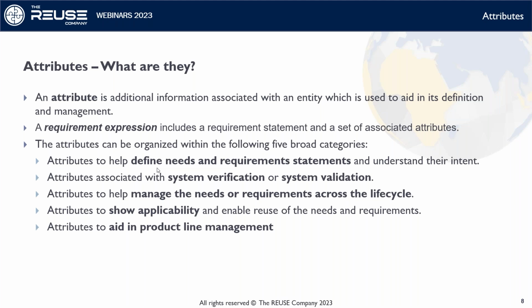And further into that subject, the fifth category is for those of you who work with product line management, where you have different products and a basic set of requirements, but some requirements are only valid for certain variants and configurations, and you might need to manage that type of information. So you can understand that it rapidly becomes a huge set of additional information on top of your requirement set.